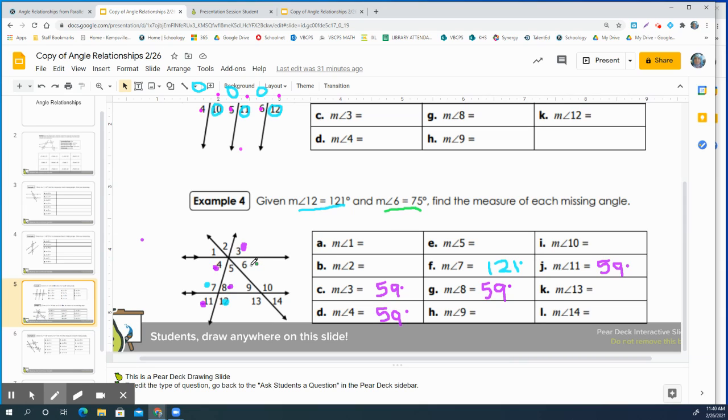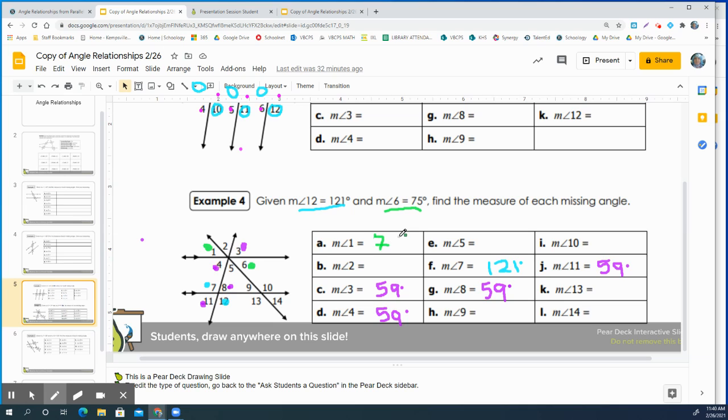All right. So if I go to angle 6 and I make this 75, what other angle is 75? I think there's 3 of them. Angle 1 for sure, because 6 and 1 are vertical. They're on opposite sides. So the question is 14?